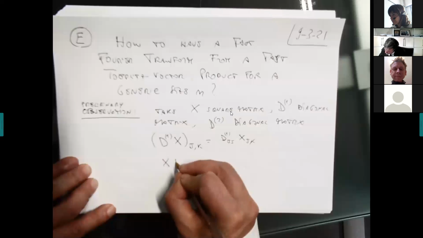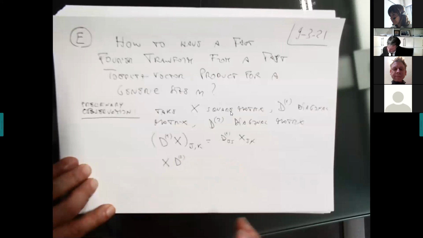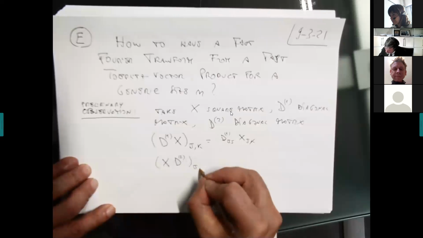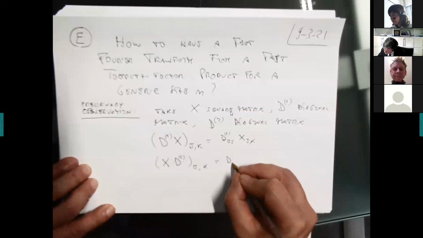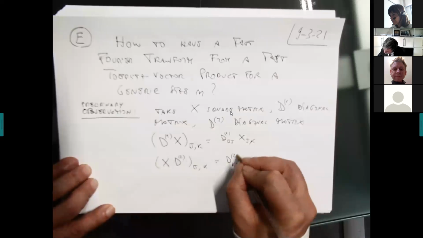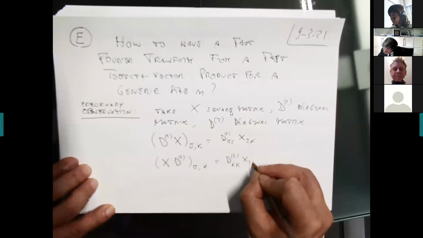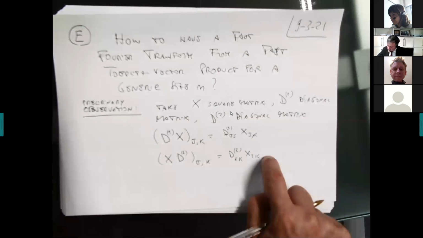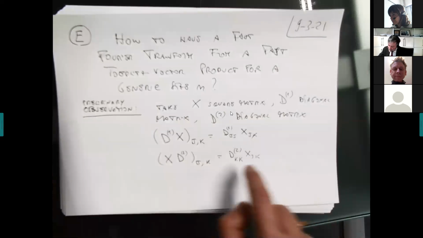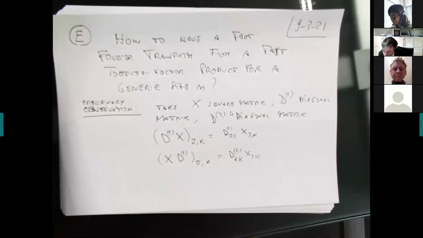If I'm doing the scaling on the right, then this is D2 kk times X jk, because I'm scaling the columns. Or I can put this on this side, but since these are numbers, I can put it wherever I like. Okay?